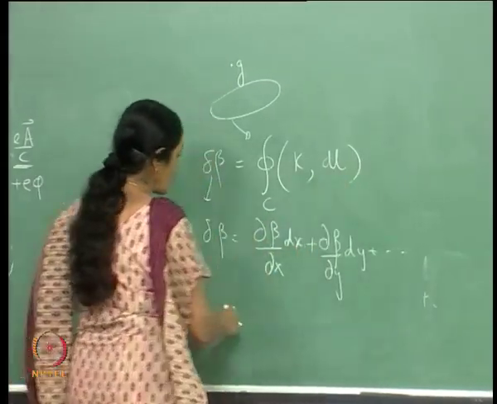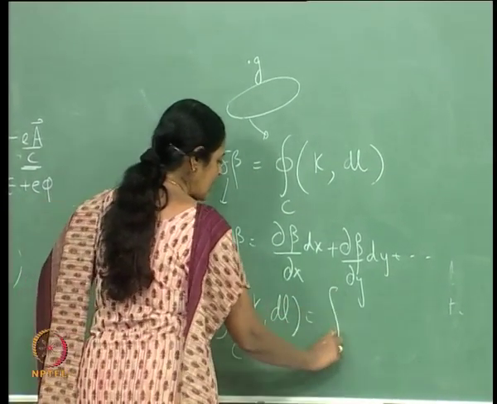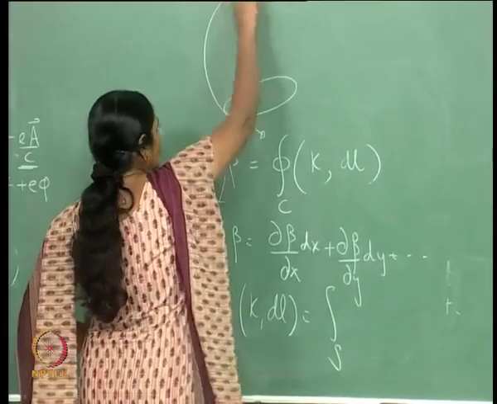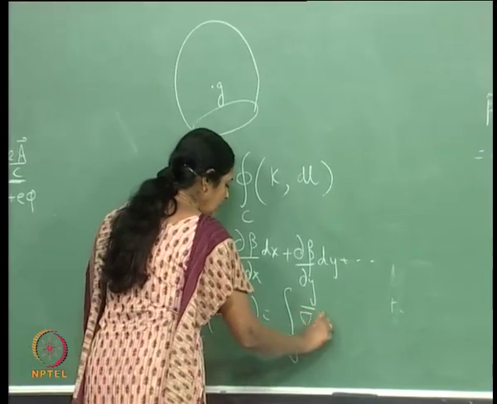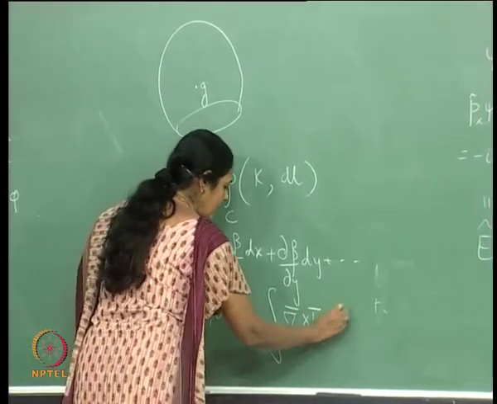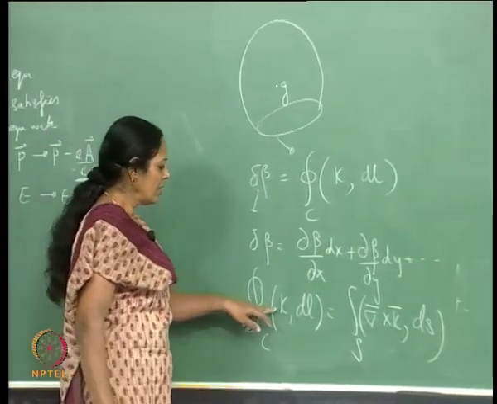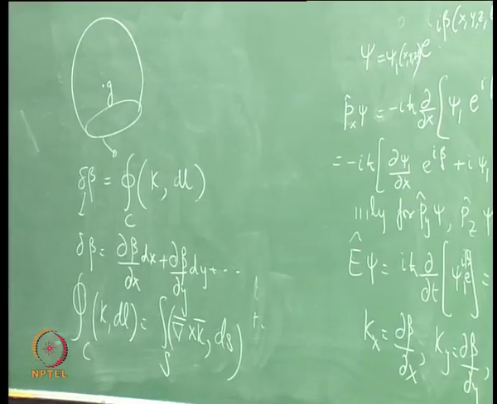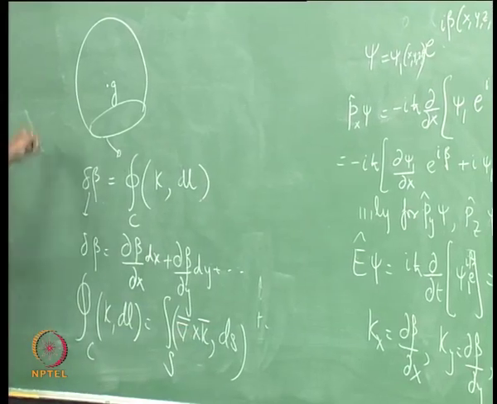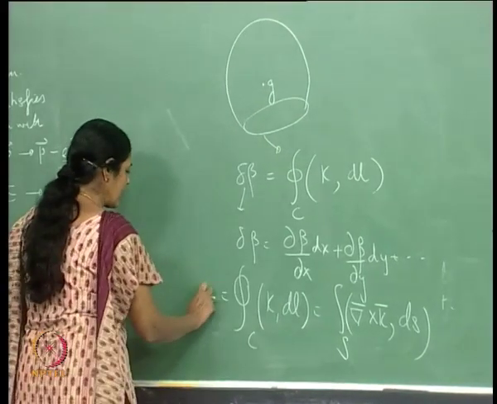But I also know from Stokes' theorem that I can write this object as an integral over the surface that it encloses, the surface that it bounds, of del cross k ds, again in the notation used by Dirac in his paper, because this is like the line integral related to the surface integral, Stokes' theorem, and ds is the surface that I am talking about. So this is what I have, and this object is delta beta.